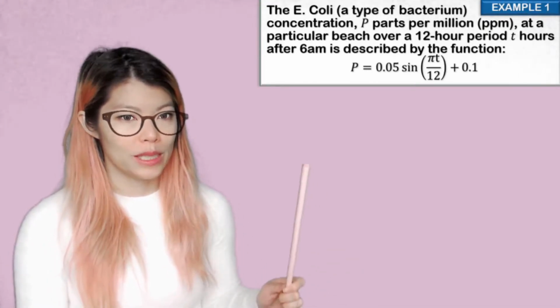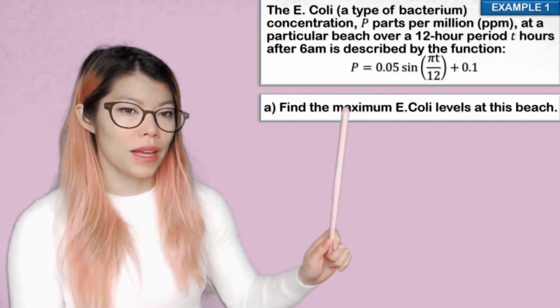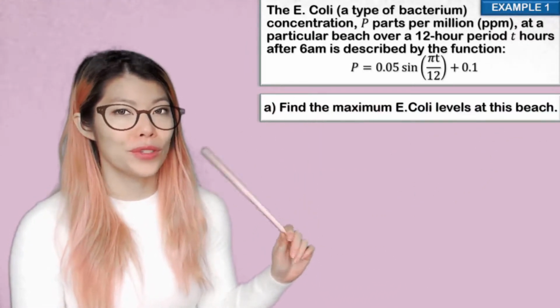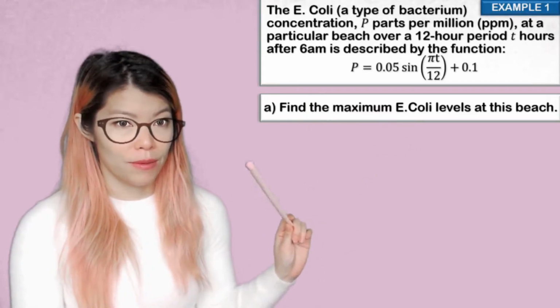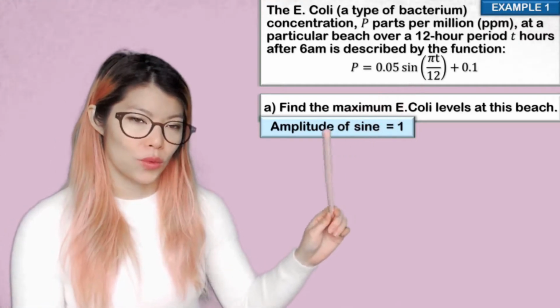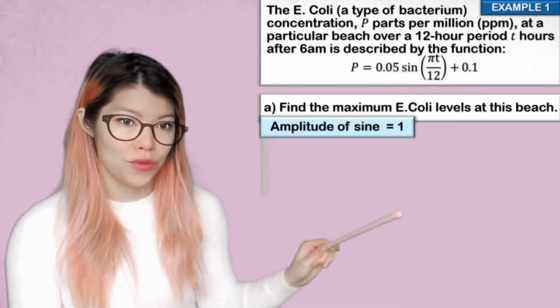Okay, let's do some questions now that we understand and have visualized what it looks like. Find the maximum E. coli level at this beach. We could use the graph, but what happens if you haven't sketched a graph, because that's the first part of the test question? Well, we know that the amplitude of sine is 1. So the biggest value normally of sine would be 1.